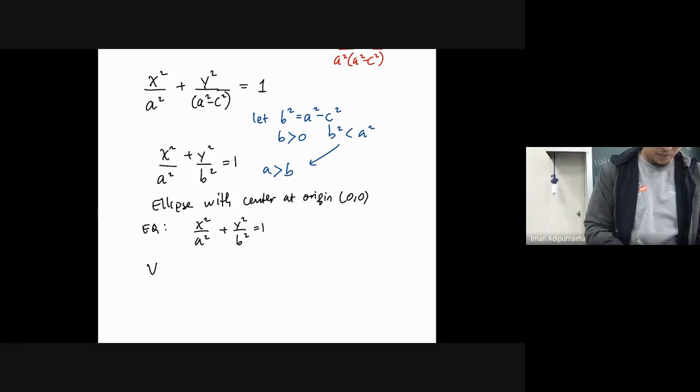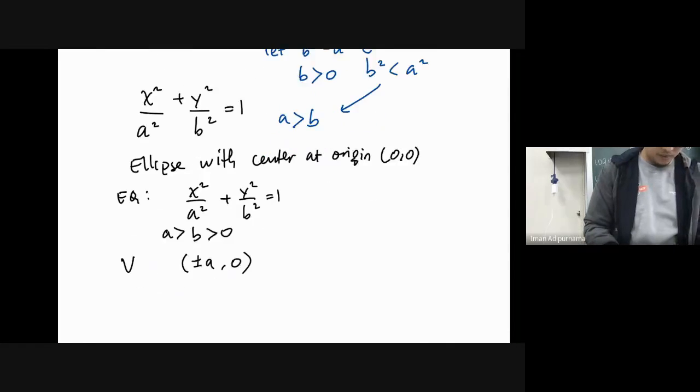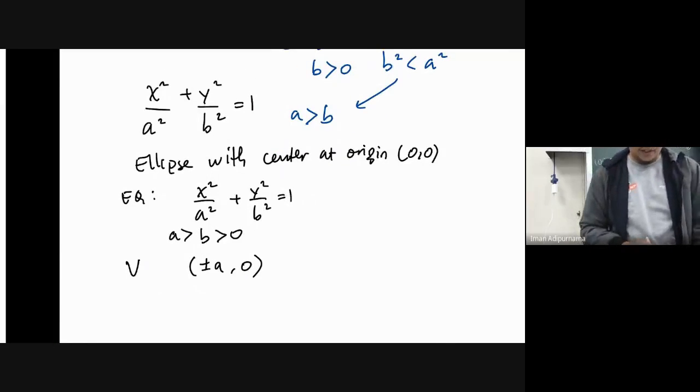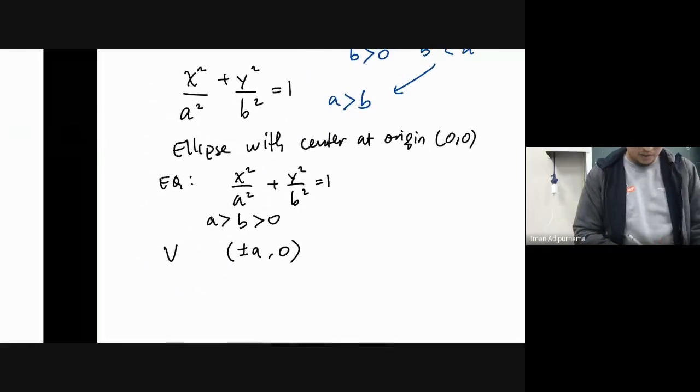So the vertex will be, let's say, if A is greater than B. Okay. So the vertex, or the maximum value at x, is plus or minus A.